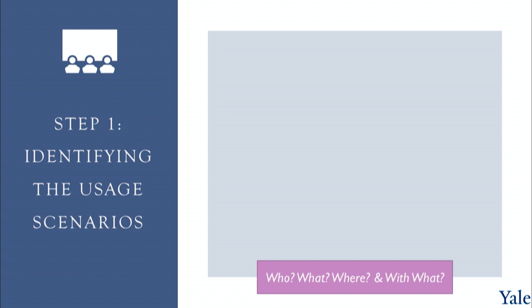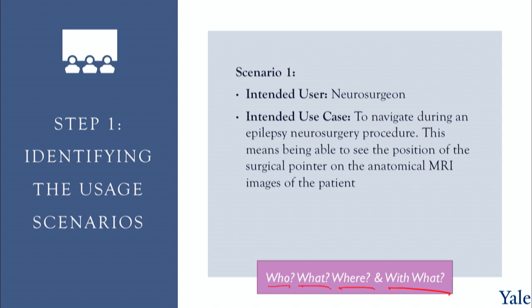So the first step in this process is to identify the usage scenarios. Who, what, where, and with what. Okay, so let's give examples of a couple of scenarios here. In the text, we give the full description of all the scenarios. Here, we're just going to give some examples in this presentation format. So scenario 1, the intended user is a neurosurgeon. The intended use is to navigate during an epilepsy neurosurgery procedure.